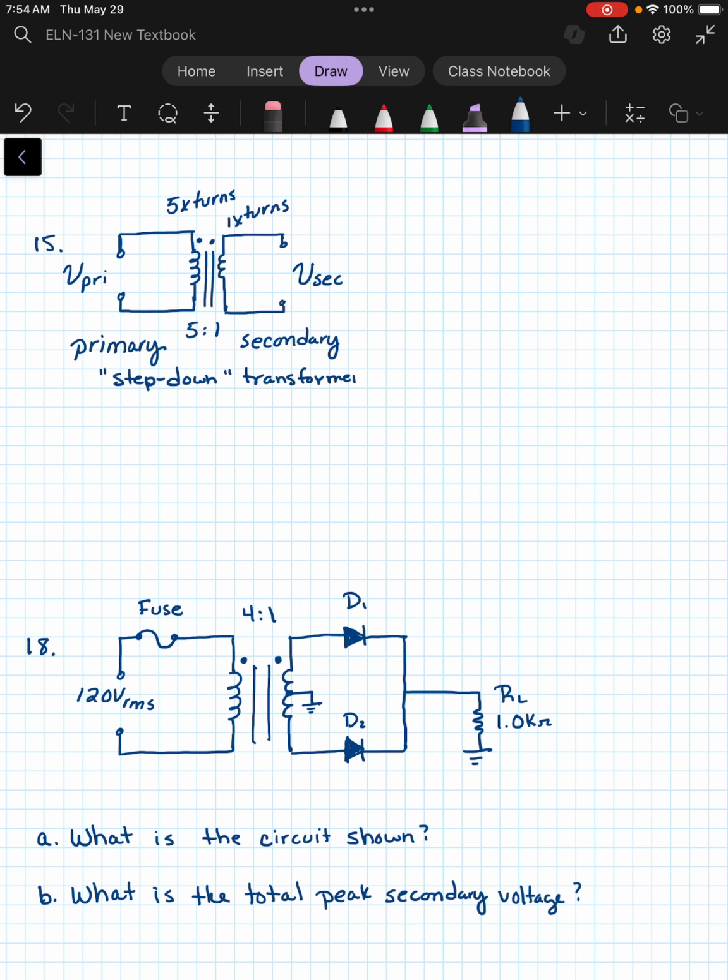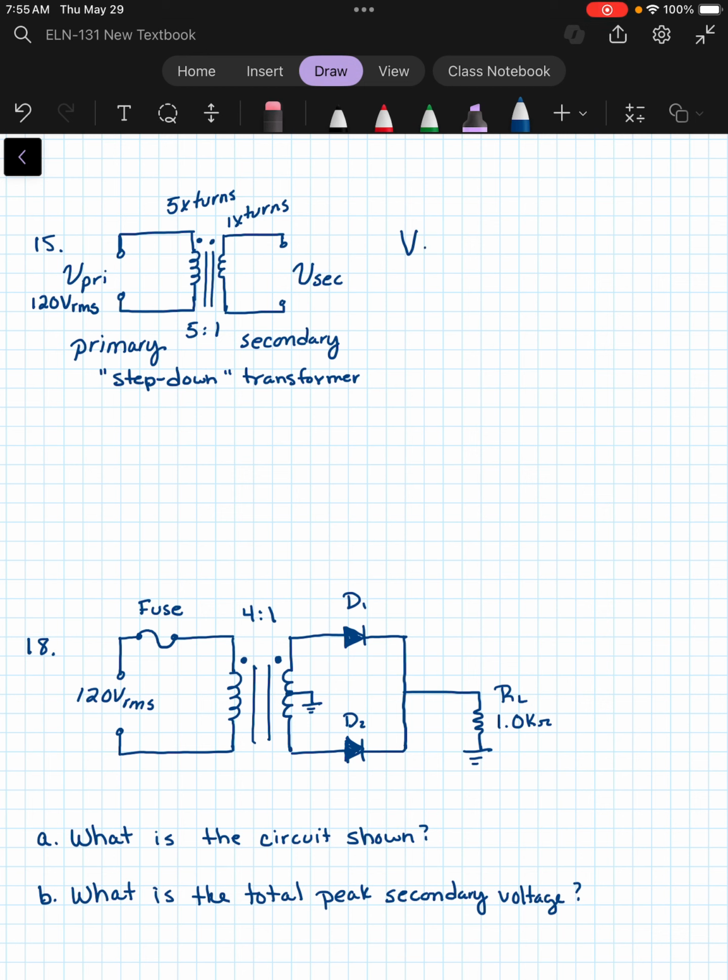So that's going to step our input voltage down by that ratio. So what is the secondary voltage if the primary is connected to a 120 volt RMS signal?